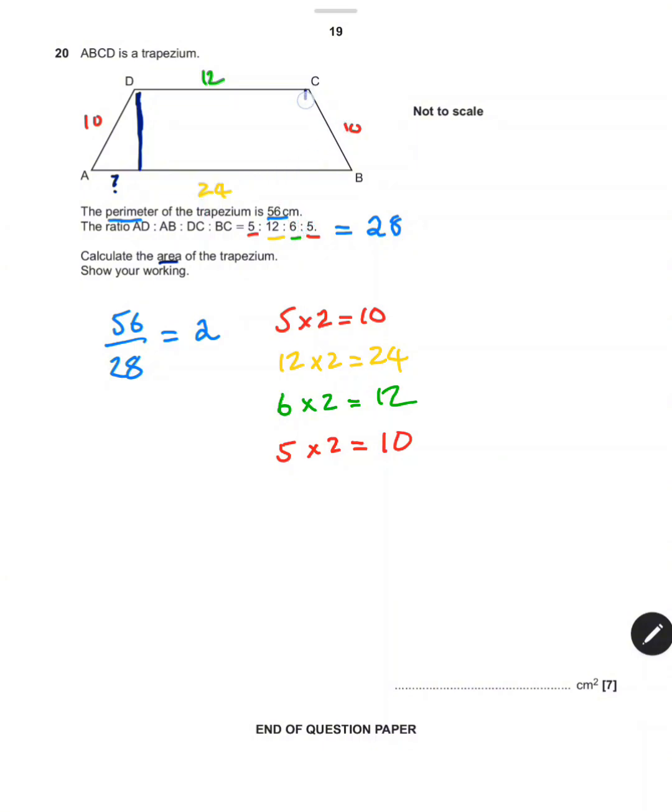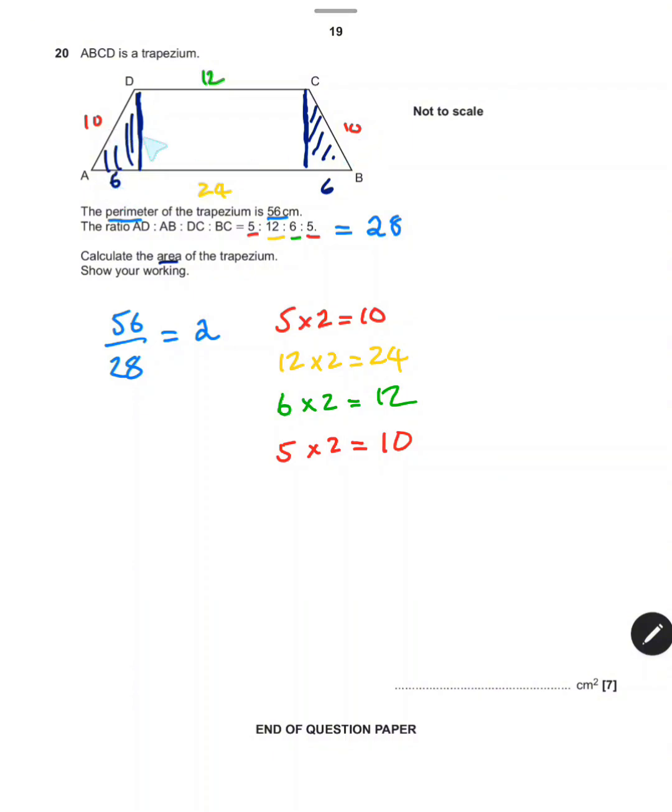Well, if I create 2 triangles, and we know that this is an isosceles trapezium because these lengths are the same, then that measurement will be the same as that measurement. And if the whole thing is 24 and this top bit is 12, then I must have a 6 and a 6.